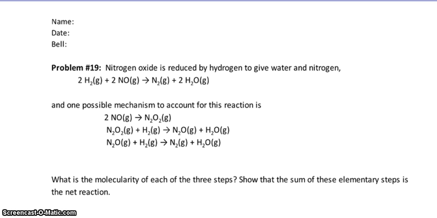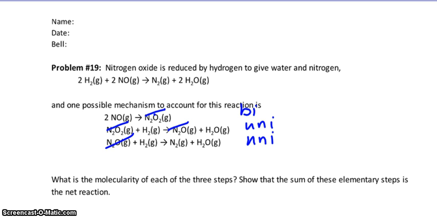Then it says, show the sum of these 3 elementary steps is a net reaction. So let me write on the board real quick. So this is a bimolecular, this is uni, and this is uni. Because here you have 2, 1, and 1. All right, so now it says show the sum of the elementaries is the initial one. All right, so let's cut out anything like in Hess's law. Looks like these 2 things can cancel out.